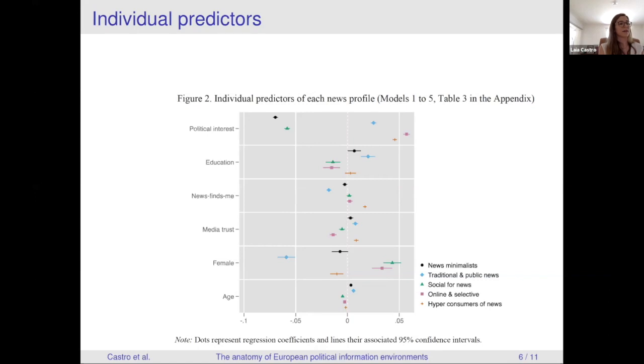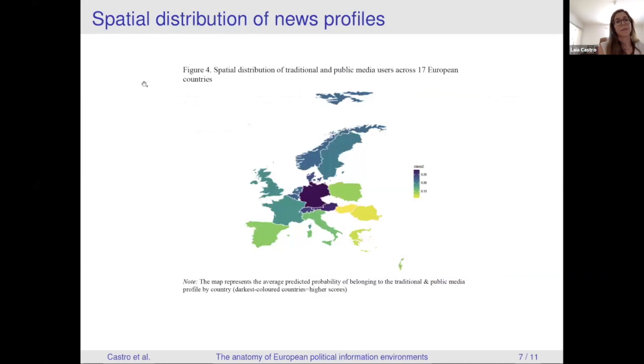We also find that social media for news and online and selective users are younger than the average. Traditionalists are, by contrast, older, less confident that the news will find them, highly trustful of the media, and finally, hyper-consumers of news are highly politically interested.